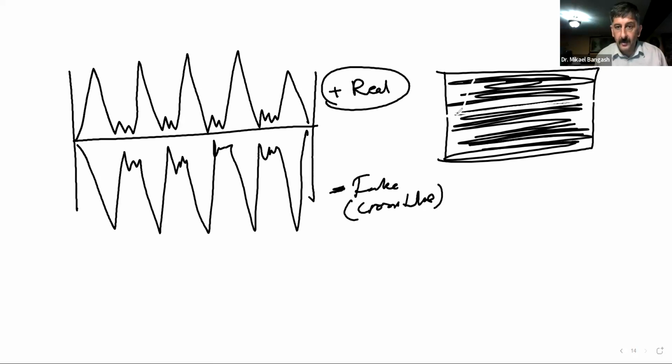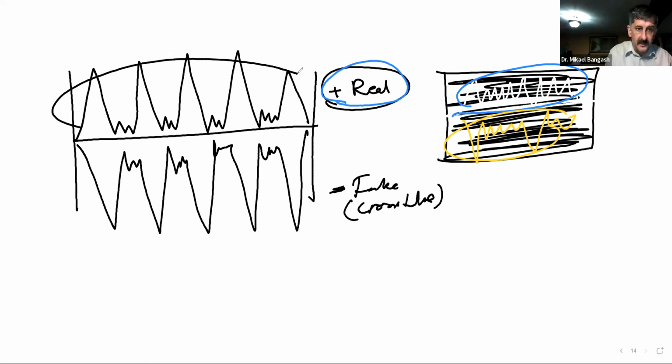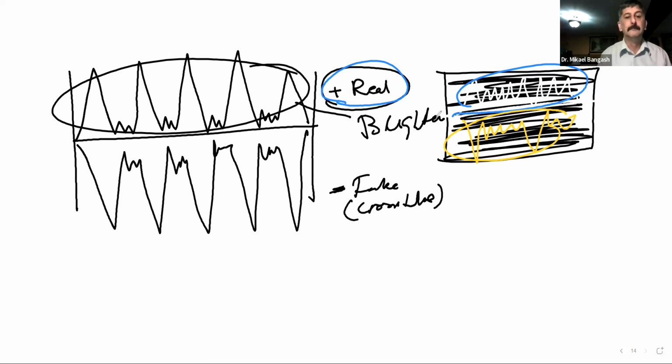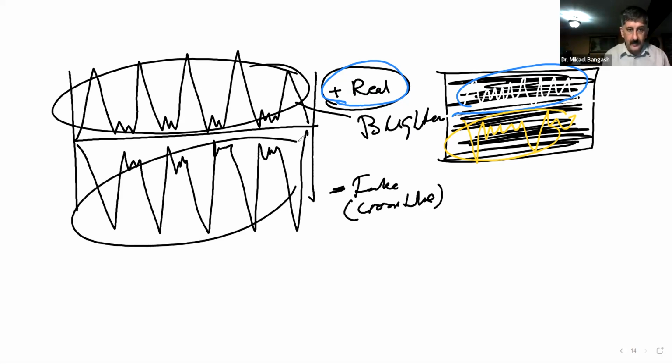So when you compare the brightness of this line up here to this line down here, where our actual real Doppler shift was positive, and the negative Doppler shift that we see is fake, these reflections here are going to appear brighter, whereas this graph here is going to appear darker.